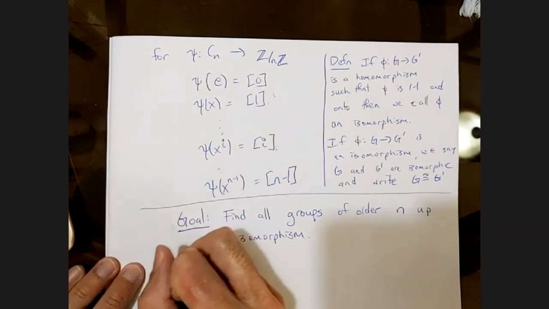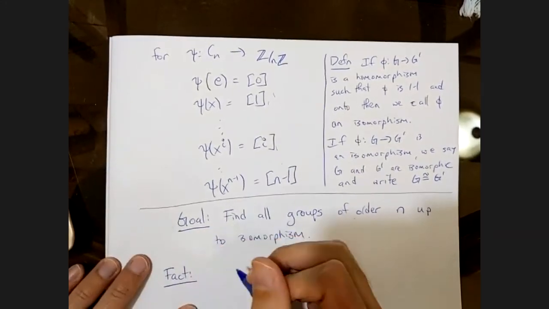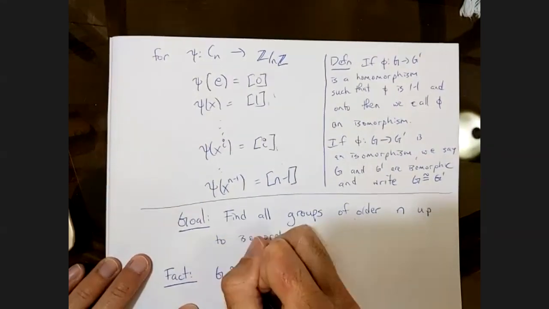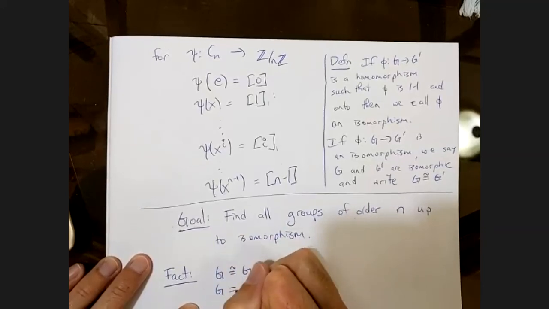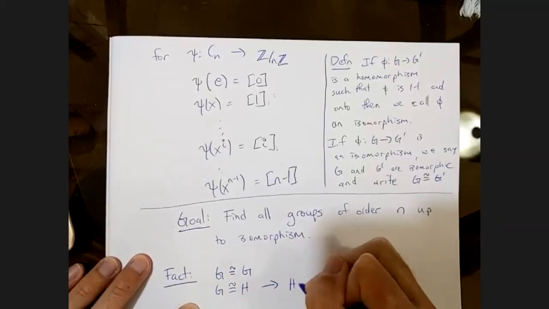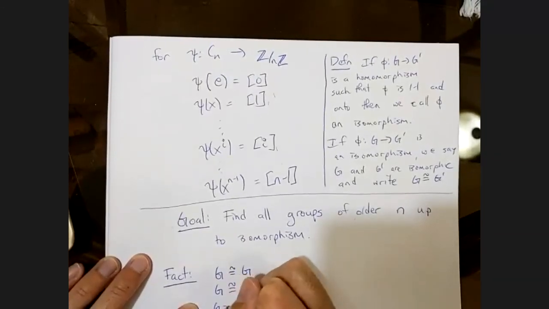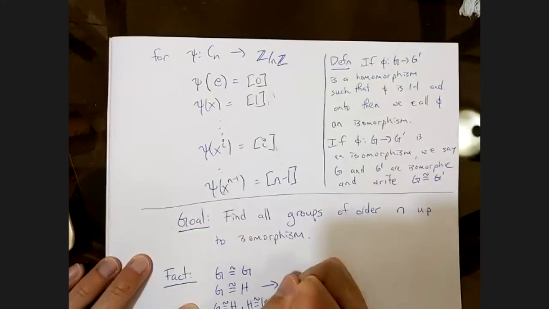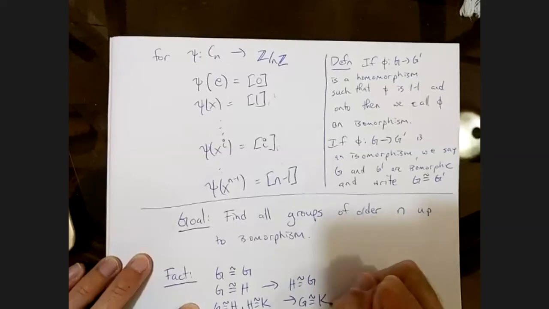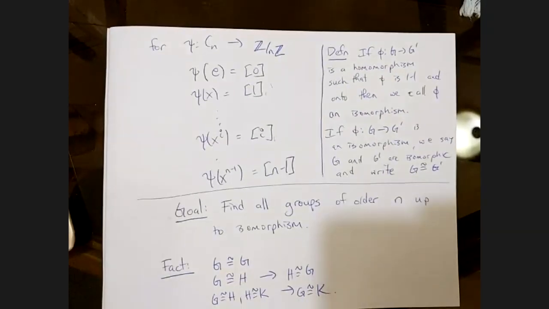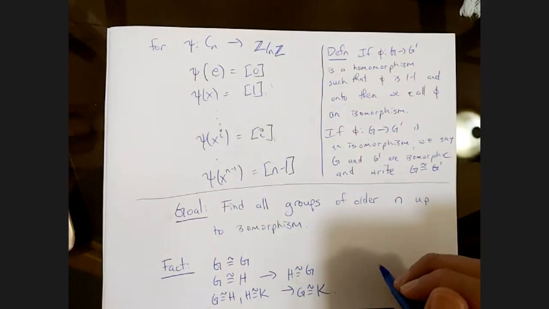Let me tell you one fact before I go. First of all, G is isomorphic to G. If G is isomorphic to H, then H is isomorphic to G. And if G is isomorphic to H and H is isomorphic to K, then G is isomorphic to K. So isomorphism of groups kind of acts like an equivalence relation.